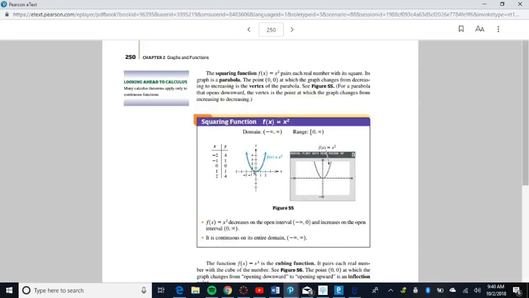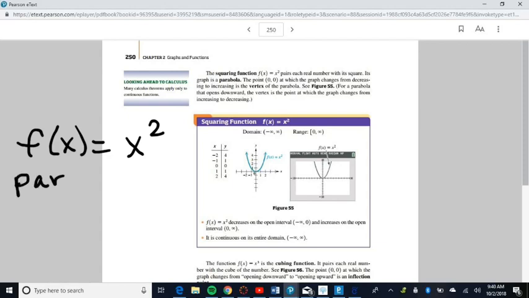Sorry, turning these pages is going to take a little time sometimes. All right. The next function that we're going to look at is the squaring function. That's what happens when you get any function where x is squared. Okay? And if that happens, you're going to get what's called a parabola.